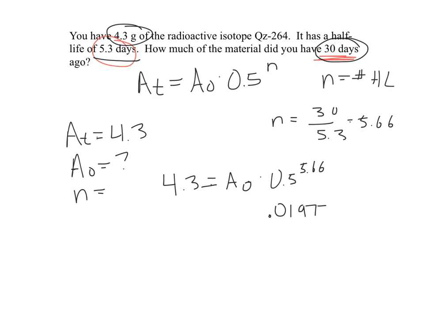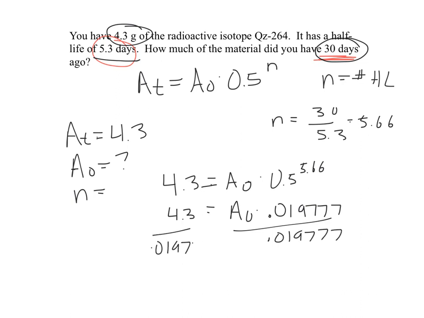So 0.019777 times A0 equals 4.3, so now we want to get A0 isolated, so we're going to divide both sides. And so 4.3 divided by 0.019777.